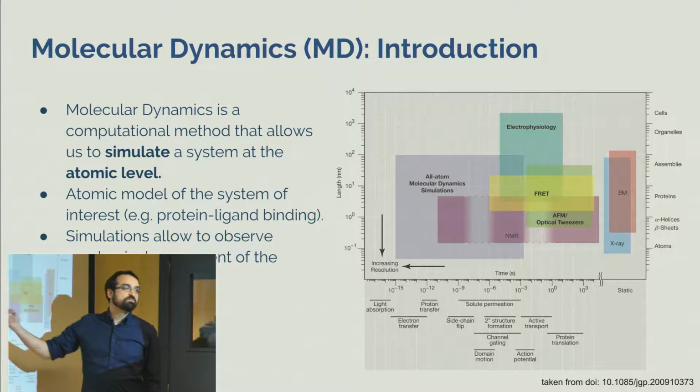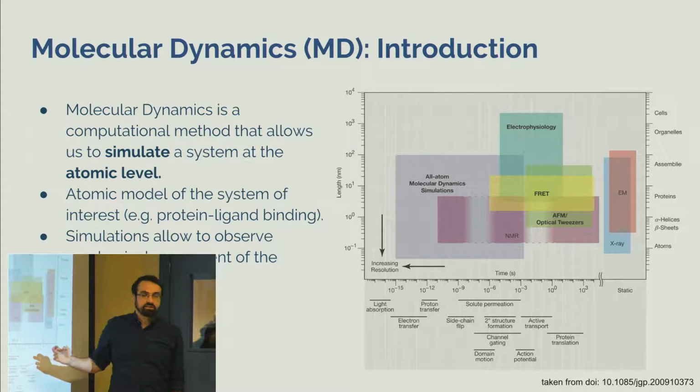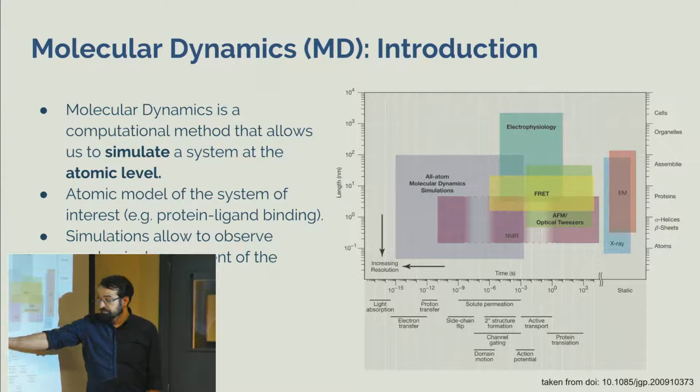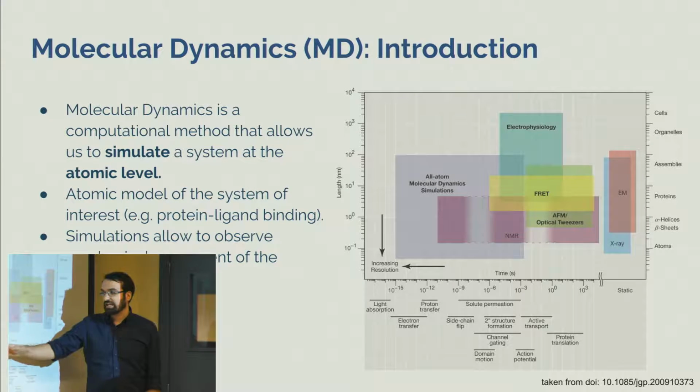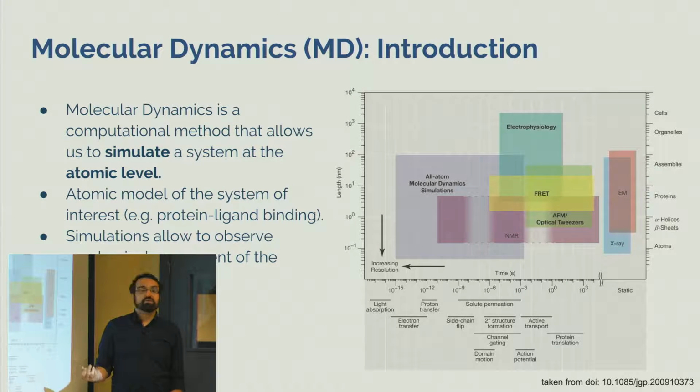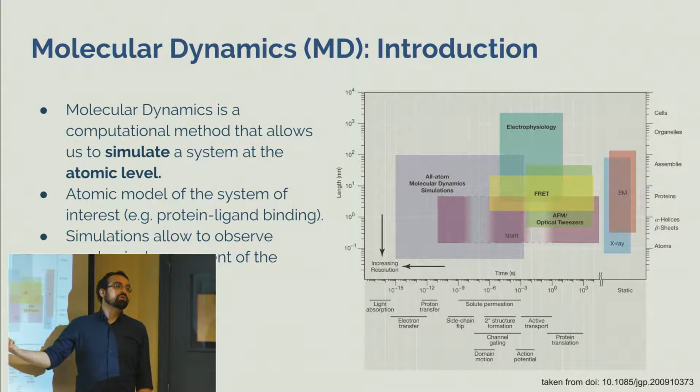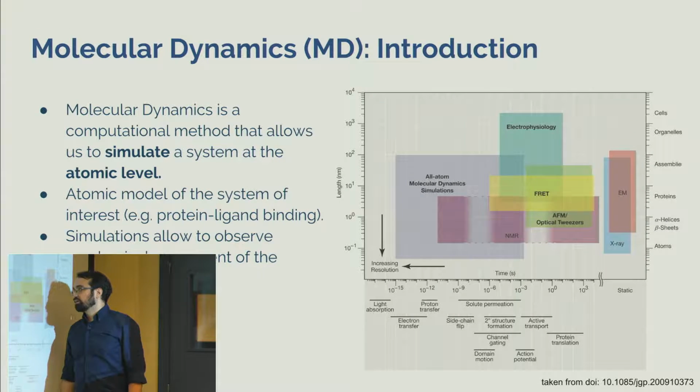For example, protein ligand binding normally can span all of this time scale, but some systems are actually on slower time scales, and we haven't quite reached that yet through molecular dynamics.